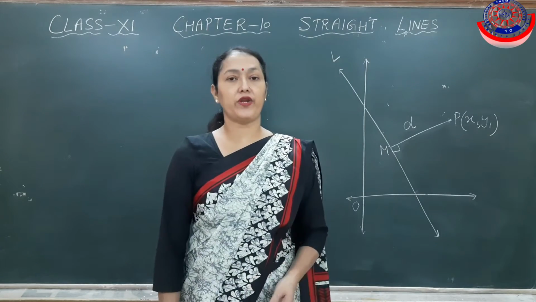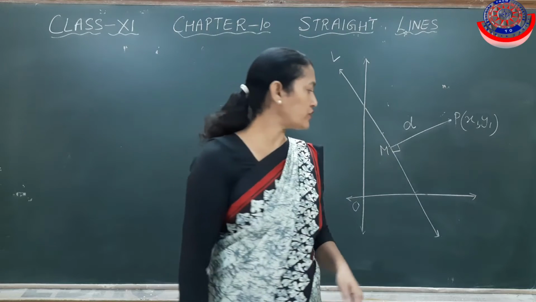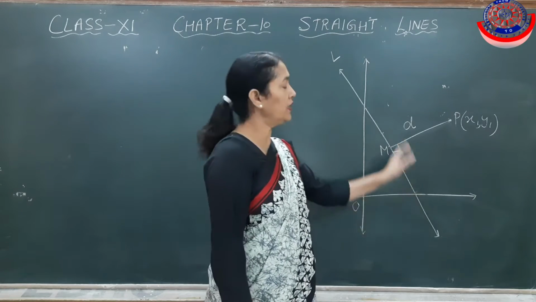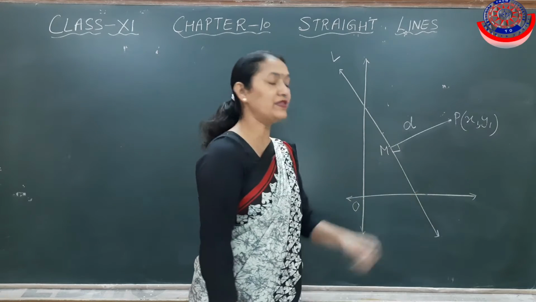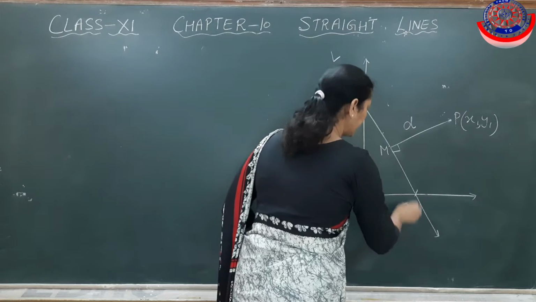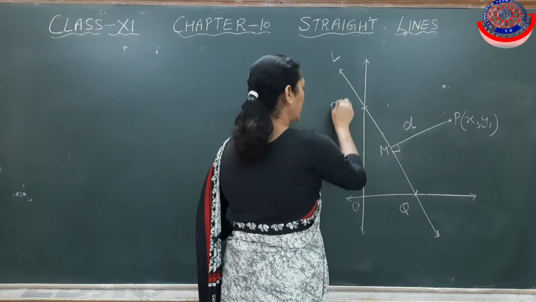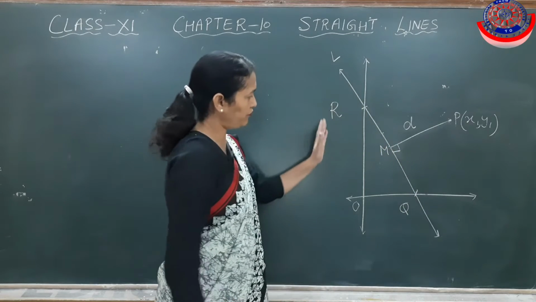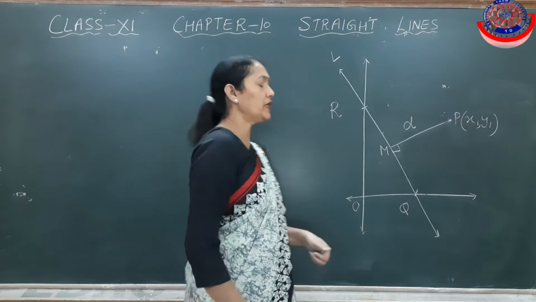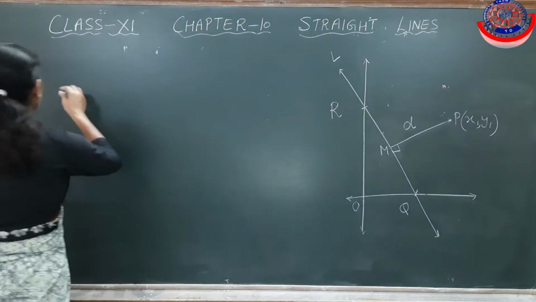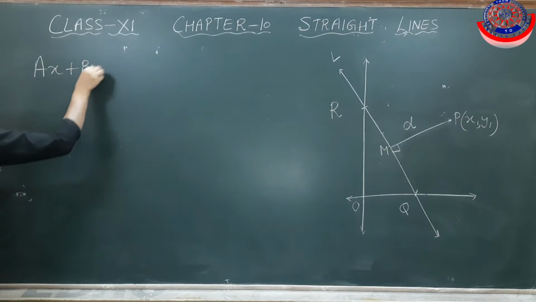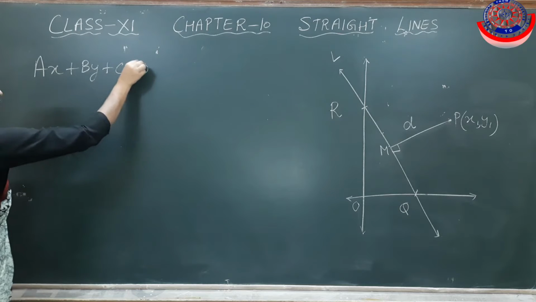Before we start calculating the value of d, let us first find out the points of intersection this line L has with the axes. Let this point be Q and this be R. So firstly we will find the values of these coordinates. How? We know that the equation of line is ax + by + c = 0.